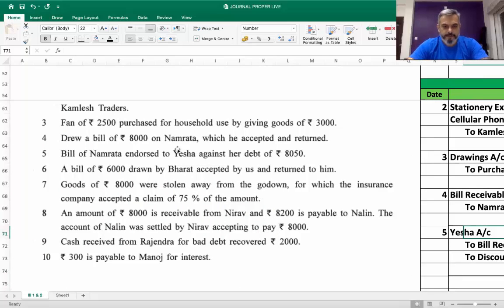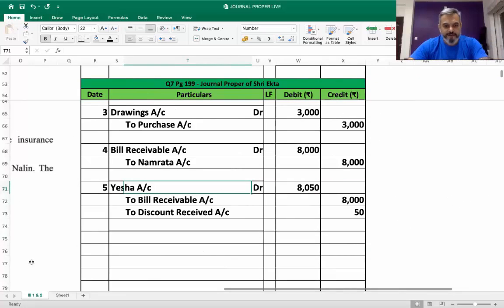Sixth one, a bill of 6,000 drawn by Bharat. Please pay attention, drawn by Bharat, accepted by us. Underline accepted by us. We signed, so we are committing that we will pay in future. So it is bill payable for us. We return it to him. So bill goes to Bharat. Bharat is the receiver.